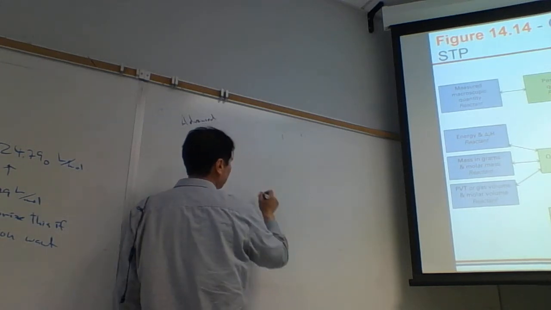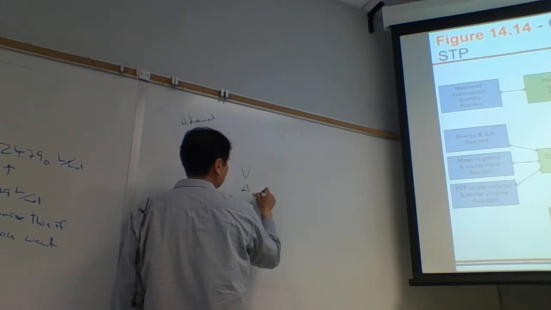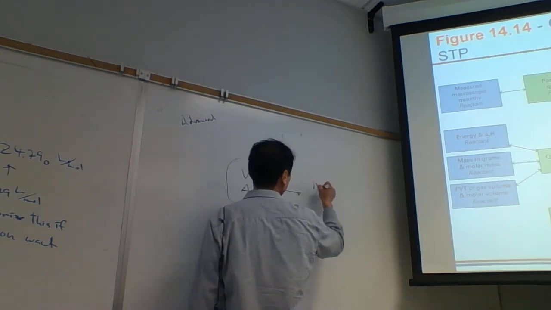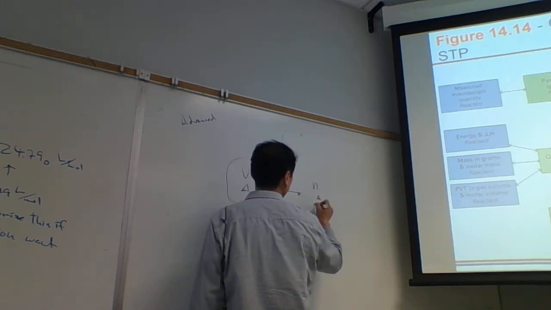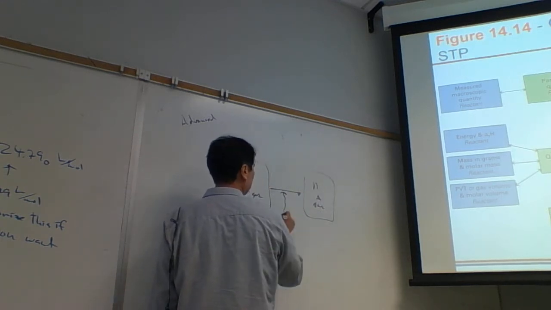So let's fill out the map a little bit more. Volume of a gas, we could go to moles of a gas by using 1 or 2.